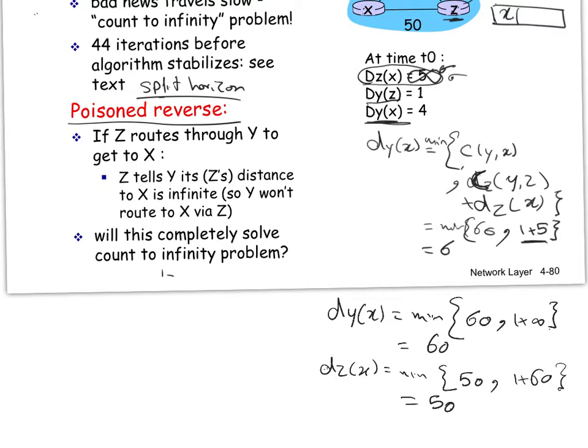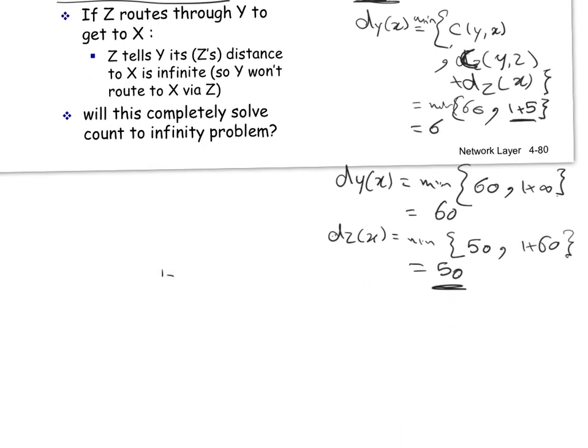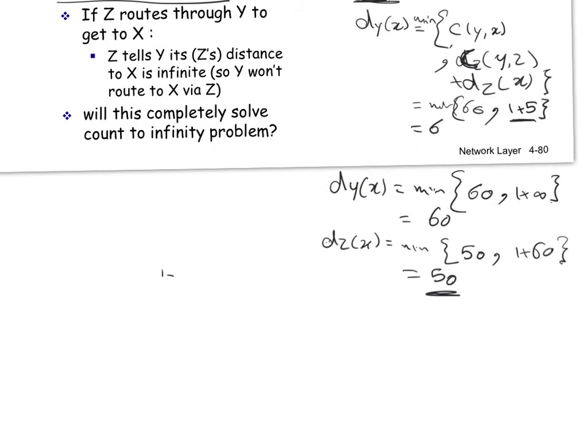And now Z does not route through Y, so according to the split horizon rule, this distance should be reported to Y. There's no problem. So Z will say, okay, so I should send the distance between me and X to Y. That's no problem.